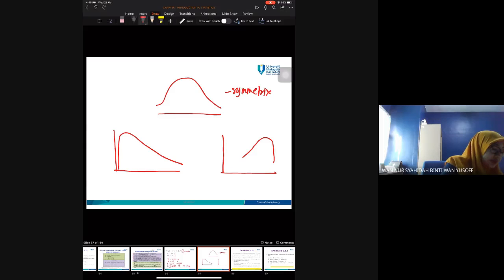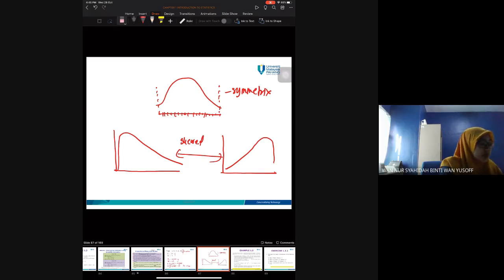It doesn't matter whether you have right skewed or left skewed, both are skewed data. When we have symmetric data, most of the data values are in the range of the data. The probability that we have an outlier is low for symmetric data, or maybe there is no outlier at all.